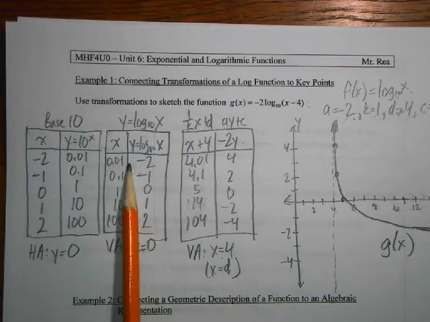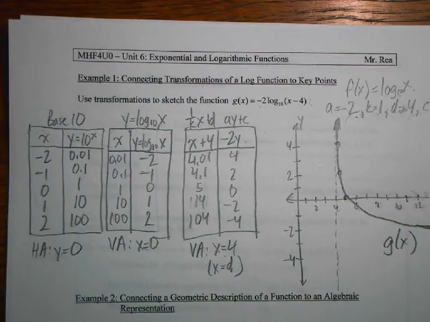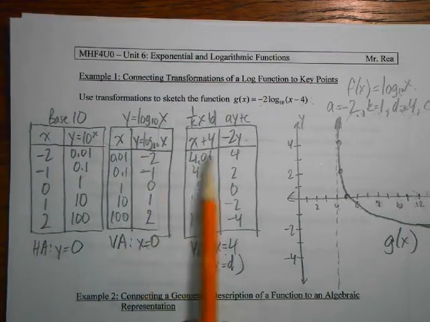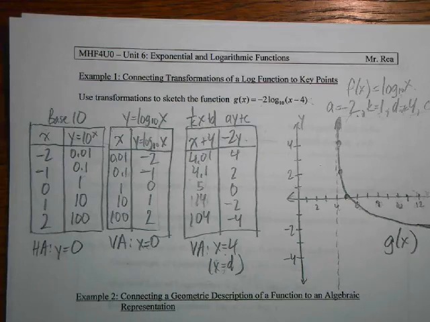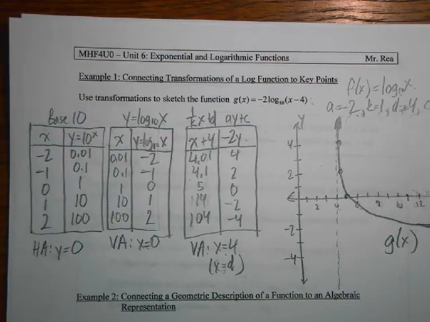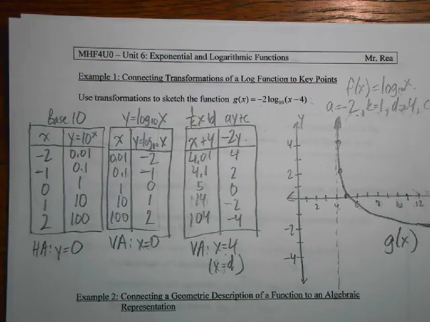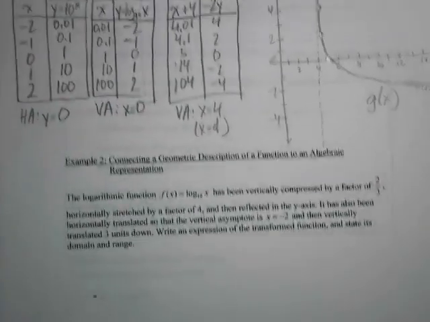That becomes your log base points, and then you just transform them like we normally would with the a, k, d, and c values. Also remember, put in your vertical asymptote. It's a very good way to understand where your points are going to be, and make sure that you didn't make any mistakes. Okay, so that's graphing.